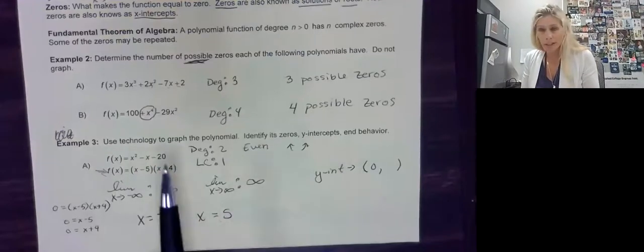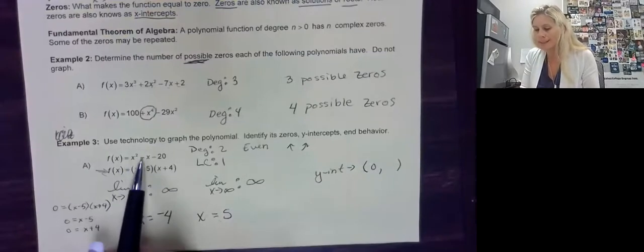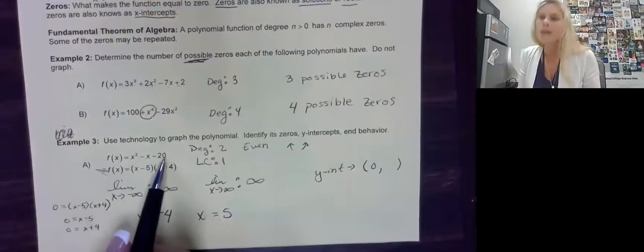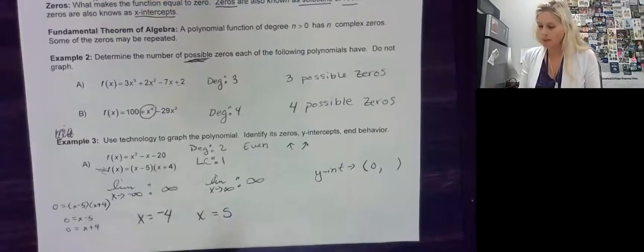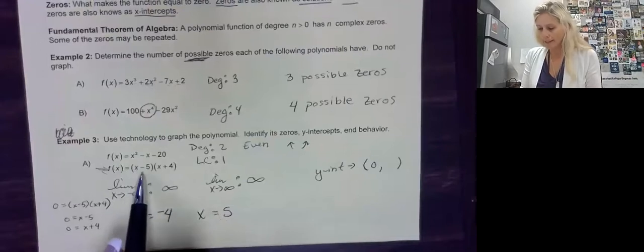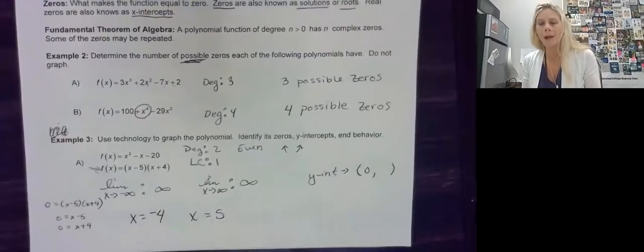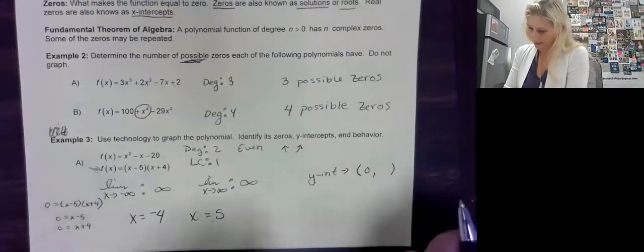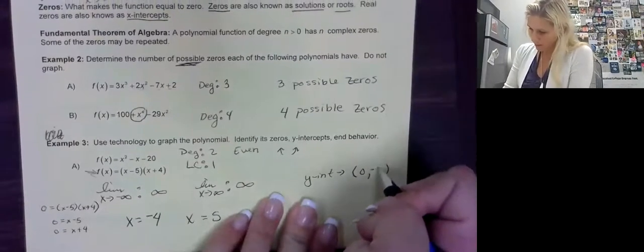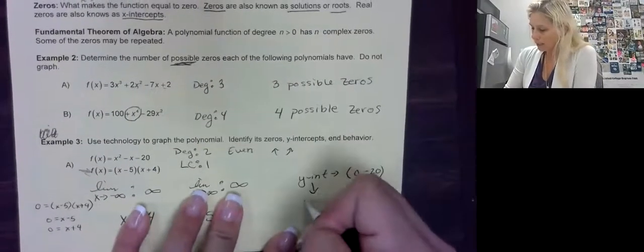Now, both of these should come out the same. So 0 squared minus 0 minus 20 is -20. If I plug in 0 here, I would get -5 times 4. Well, what's -5 times 4? -20.